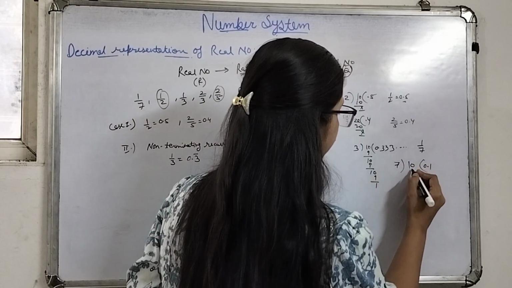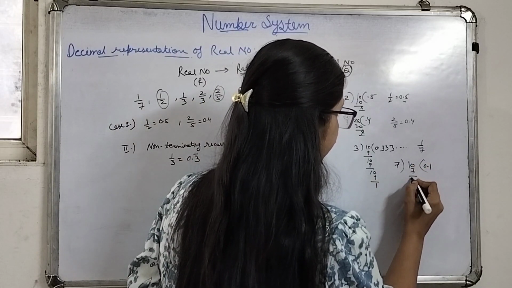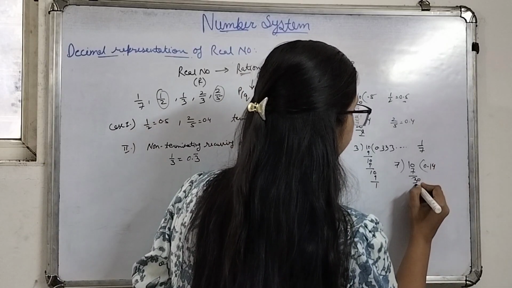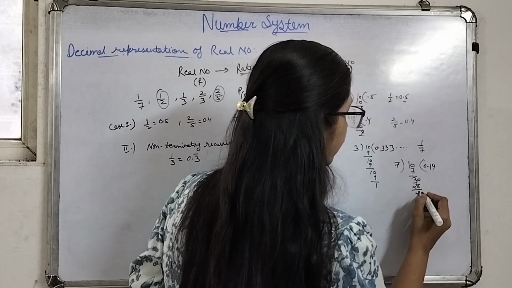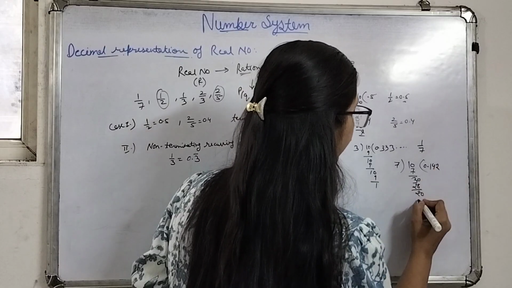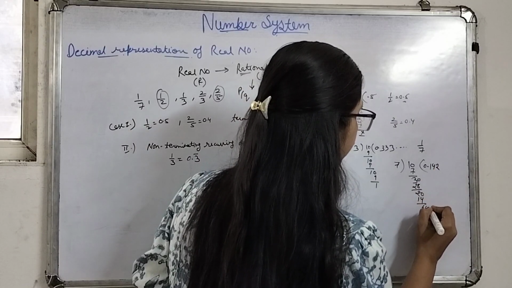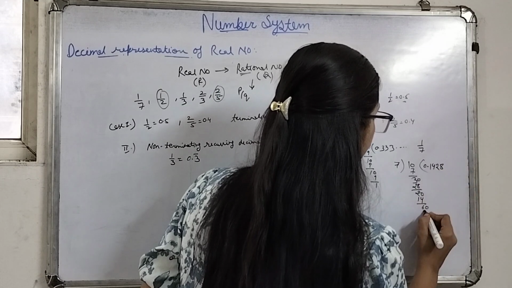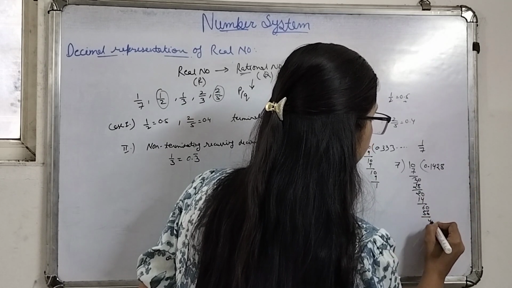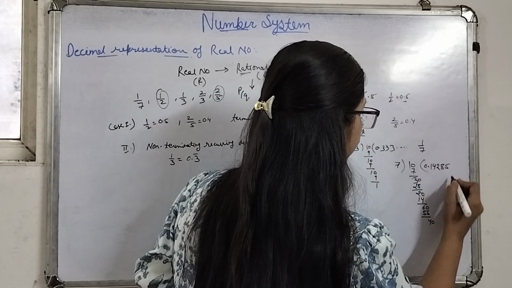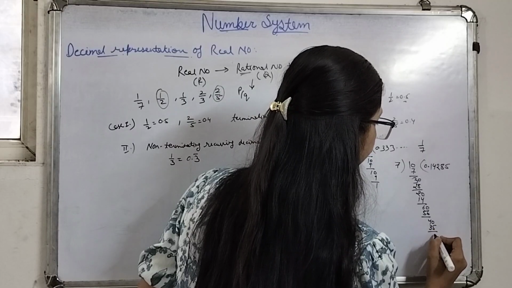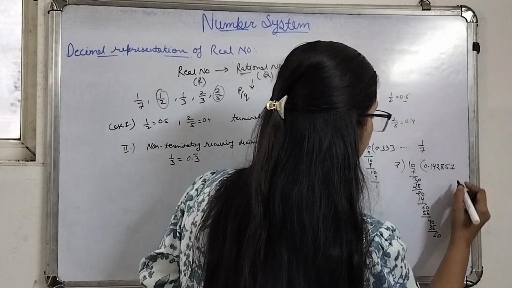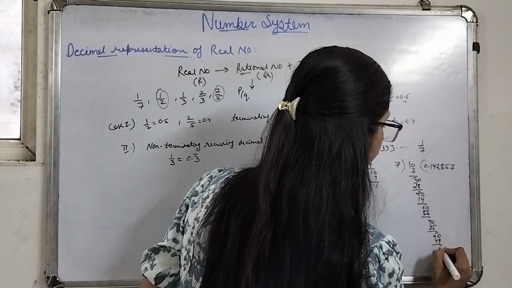7 1s are 7, 10 minus 7 is 3. 0 I will take. 7 4s are 28. 2, 0. 7 2s are 14. 6, 0. 7 8s are 56. 4, 0. 7 5s are 35. 5, 0. 7 7s are 49, then again 1.